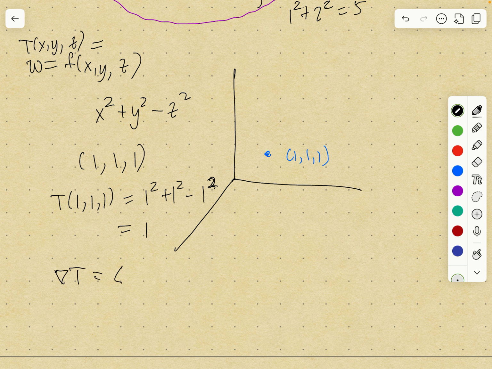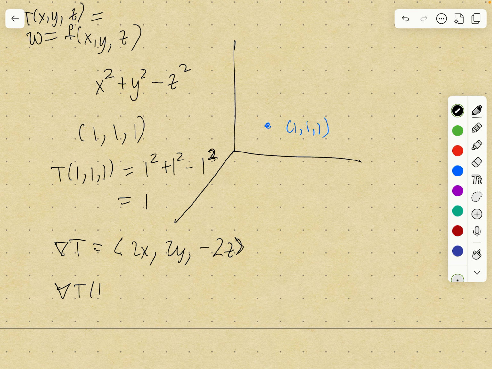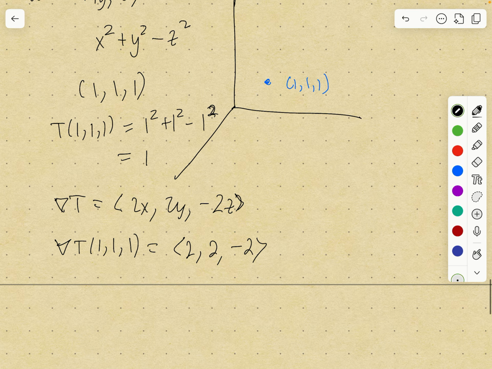Well, you take the gradient, and it's 2x, 2y, minus 2z. You evaluate it where you are, at 1, 1, 1, and you get 2, 2, negative 2. To normalize this and get a unit vector, you divide by the length.